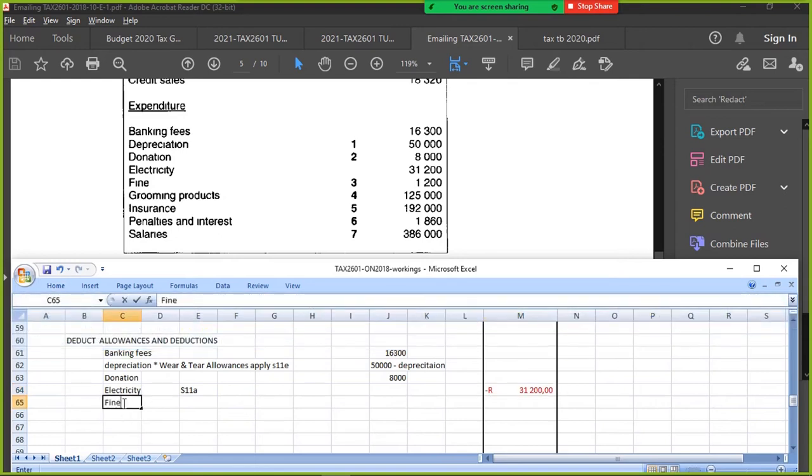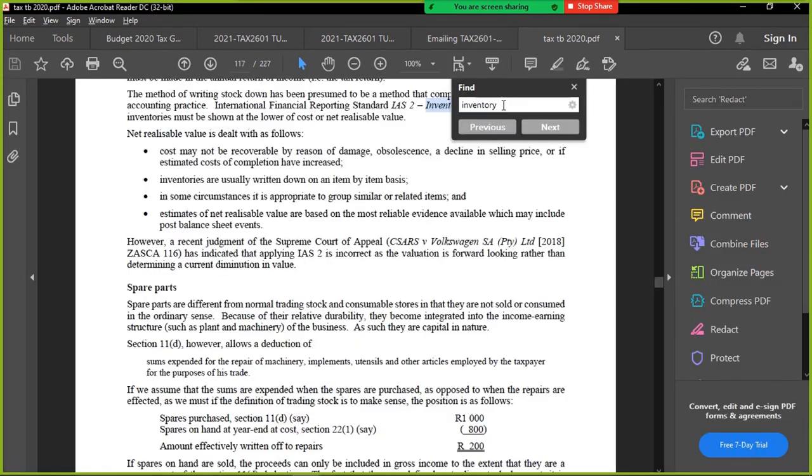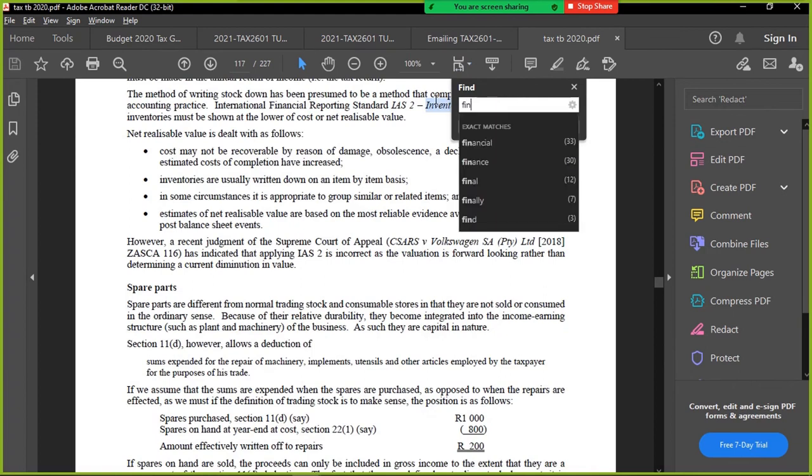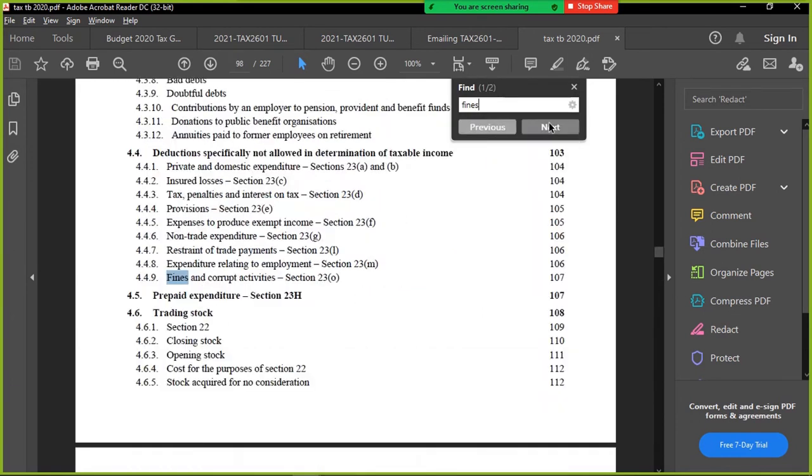Okay, the fine. Obviously, the fine you already know. Section, I think it's 11O. I hope it's 11O. Let me just double check. Fine. Oh, it's 23O. It's 23O. The fines. Yes, 23O.